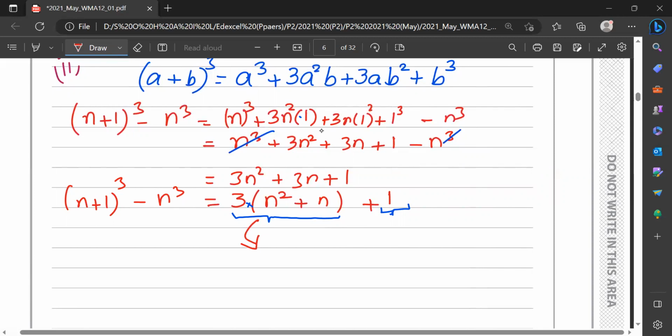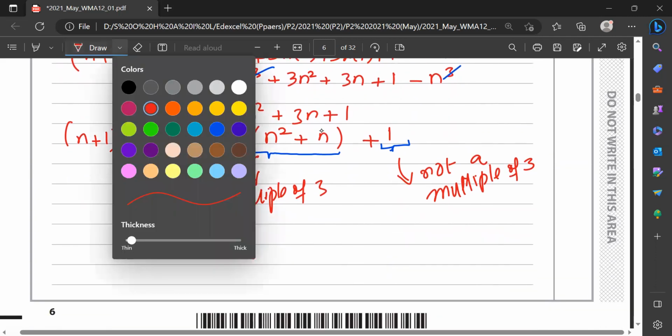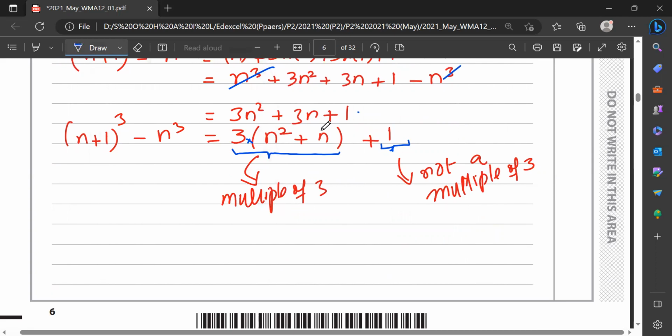This part is a multiple of 3. Obviously, this is not a multiple of 3. So we have the sum: if one is a multiple of 3 and the other is not, this sum is not a multiple of 3.